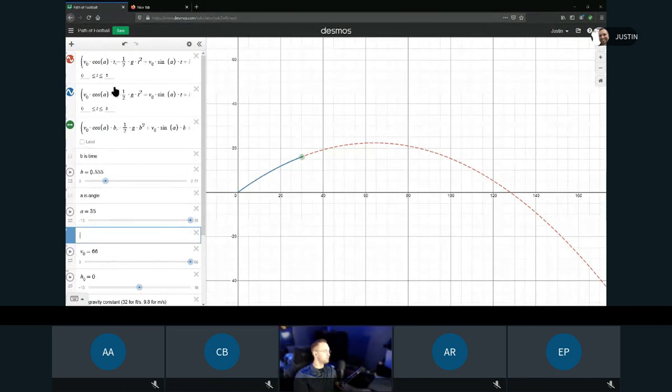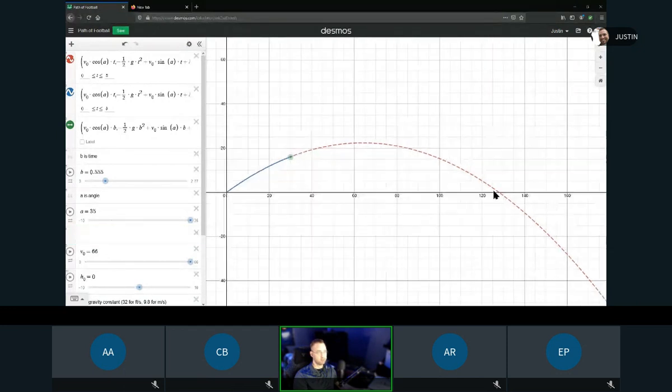Okay. So in Desmos, I can't be using the same variable to represent a different equation here, but I'm guessing that's red. My red dashed line is the actual path of the ball, which you can see doesn't make it to 150. It hits the ground at, well, I think we said 127. My blue trails my actual football, which is this line here, and then I can change.